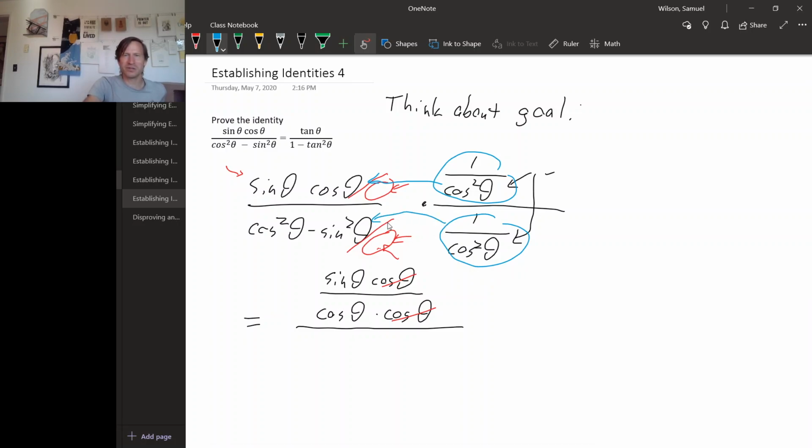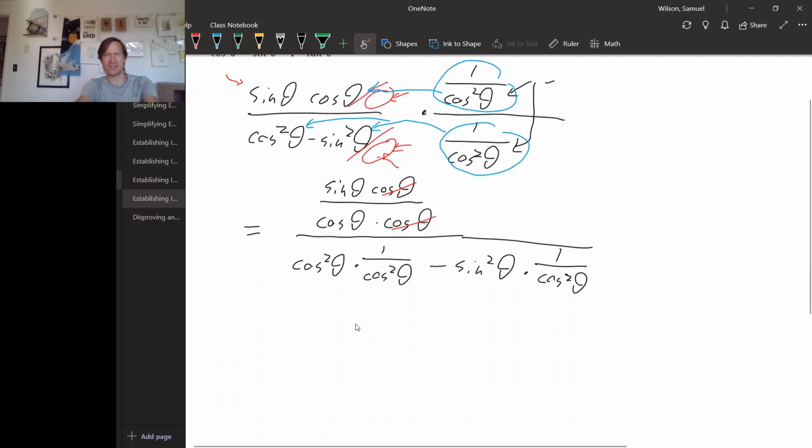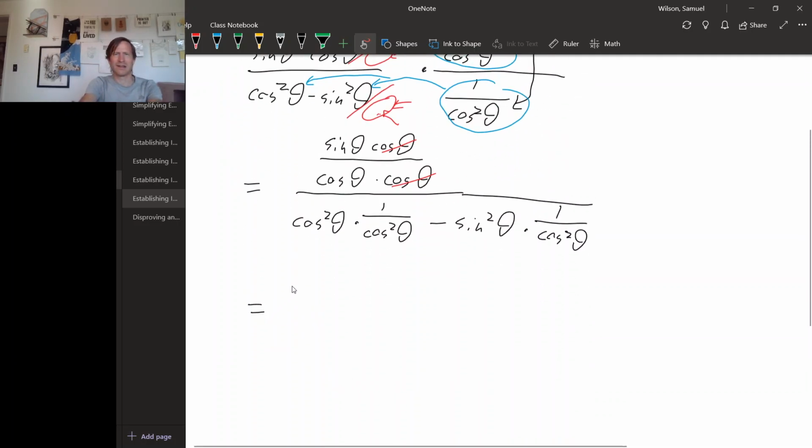So we're going to have to distribute it here like that. So we get cosine squared theta that was there to begin with times 1 over cosine squared theta minus sine squared theta times the 1 over cosine squared theta that we're distributing. Okay, so we get this. Now this numerator piece right here, all that's left over is a sine theta over cosine theta.